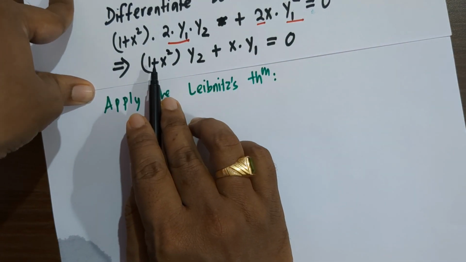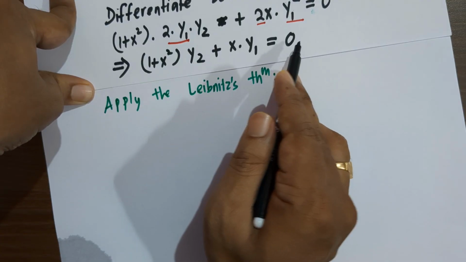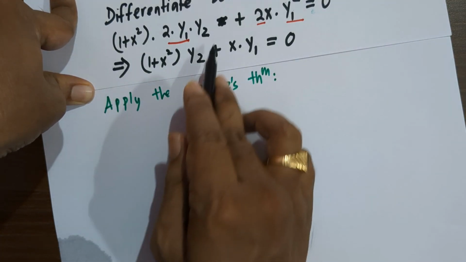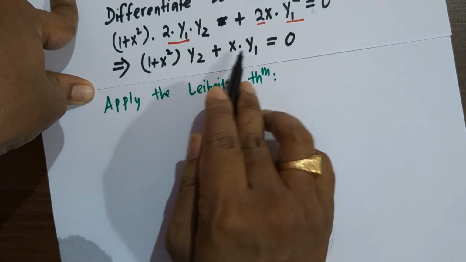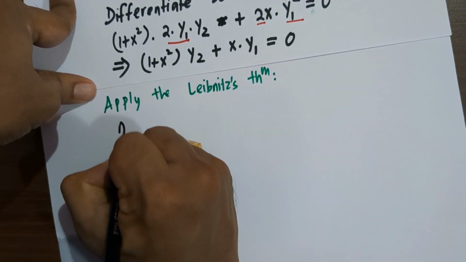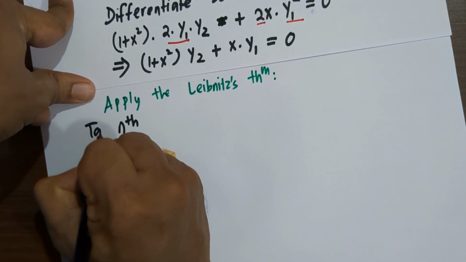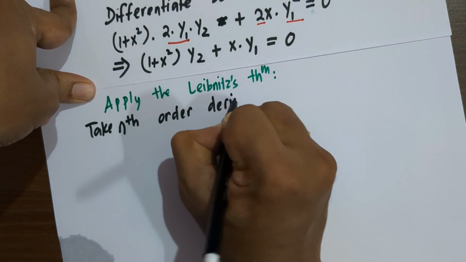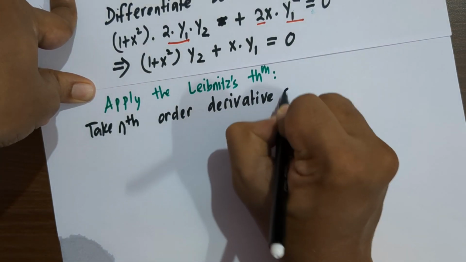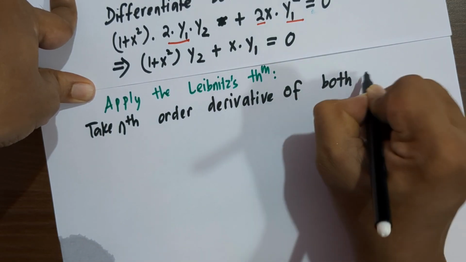We have to find the nth order derivative of the left hand side and right hand side, and we have to find the nth order derivative of this term plus the nth order derivative of this one. So we have to apply the Leibniz theorem for this one and this one. So let's write the nth order derivative, or take the nth order derivative of both sides.